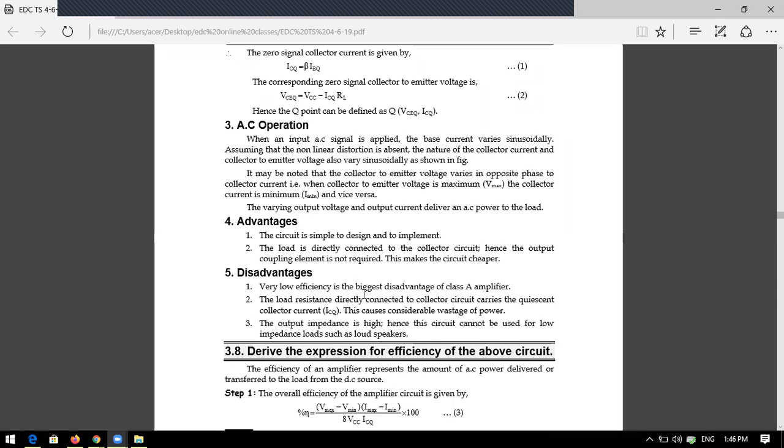And what is the disadvantage? The major disadvantage is that the efficiency is very small, only about 25%, and the output impedance is high.